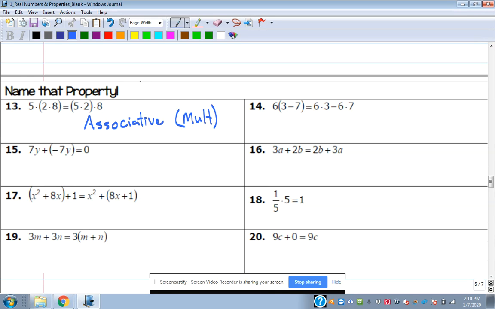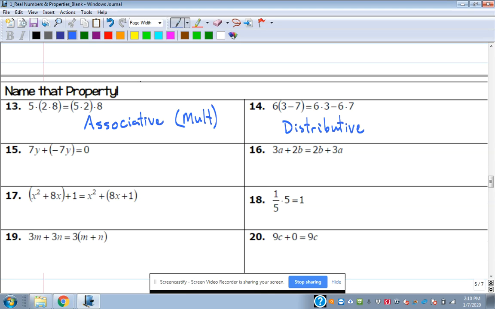All right, let's look at 14. Say it again. Distributive, that's right, because they're taking 6 times each piece on the inside. So yes, that's distributive property. And the good thing about distributive is you don't have to tell what operation it is. It only can be multiplication over whatever operation is there. So it's just distributive.